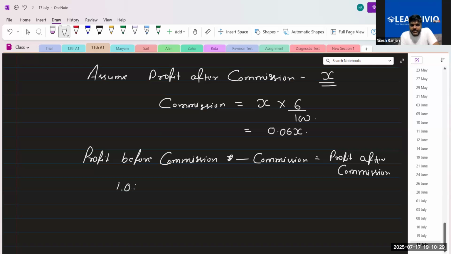That is 1,06,000 minus commission 0.06x equals x. Is that clear? Yes. So 1,06,000 equals x, and if the 0.06x goes to the x side, what will it be?